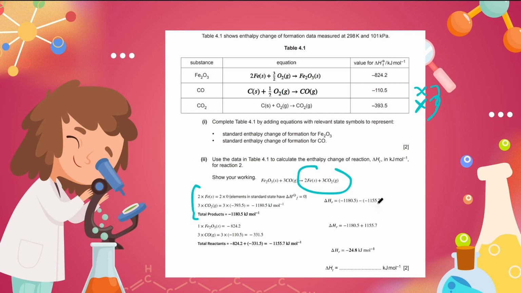This is the product right here, and this is the reactant. So product minus reactant, and make it a plus right here because minus minus is plus. Then we minus it, and this is the answer, everybody. Make sure you got it correct.